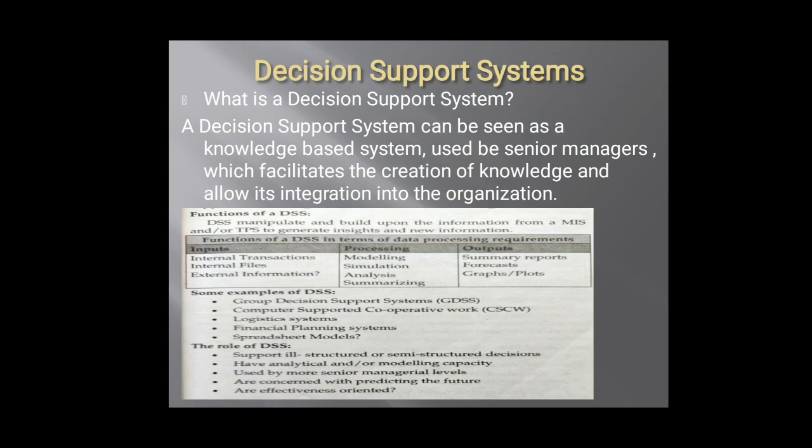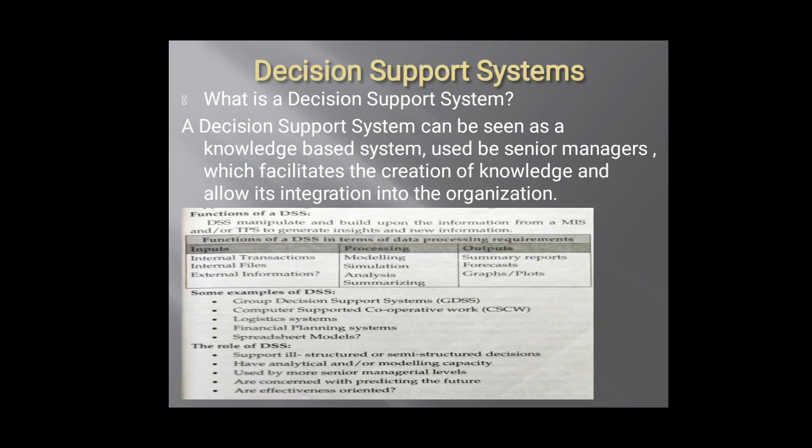The role of DSS, what is the role? Supports ill structured and semi structured decisions. It's basically not with structure, but somewhere a structure or a semi structured format. Then have analytical and modeling capacity. They have analytical as well as modeling capacity to work everywhere. Then used by senior managerial levels.